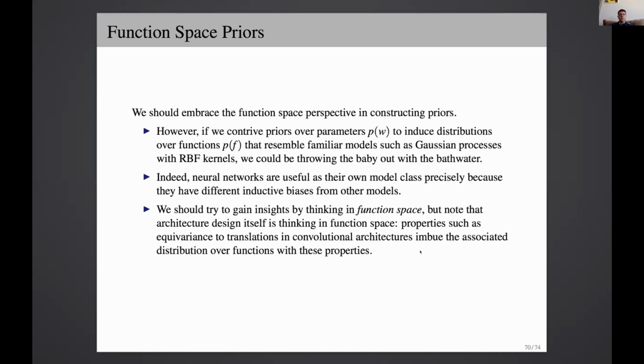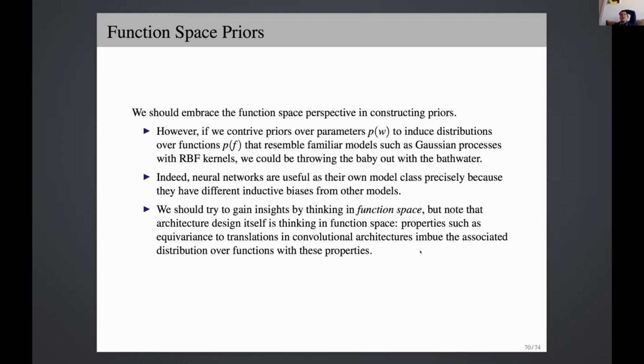So in terms of developing new priors for Bayesian neural nets, I think this is a promising research direction, but we should be careful because we don't necessarily want to be contriving priors over parameters to induce distributions over functions that resemble familiar models, such as GPs with RBF kernels. We could be throwing the baby out with the bathwater again.